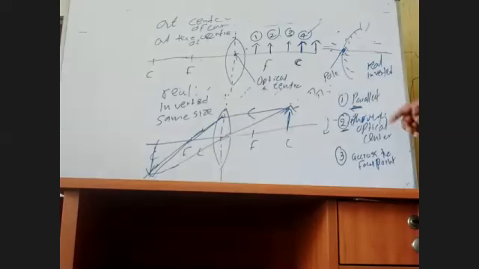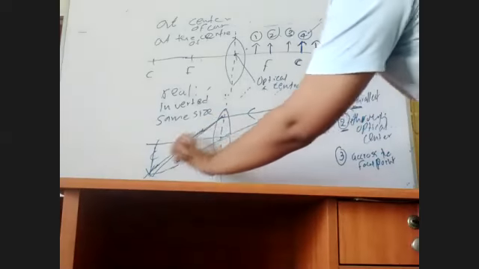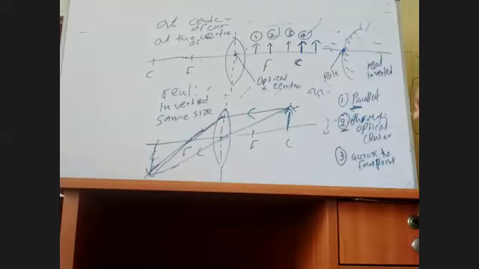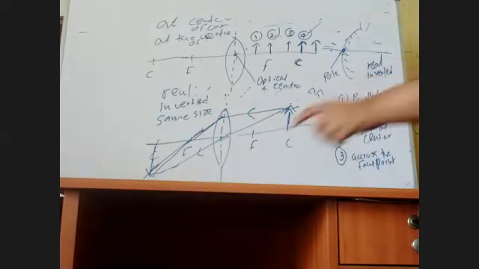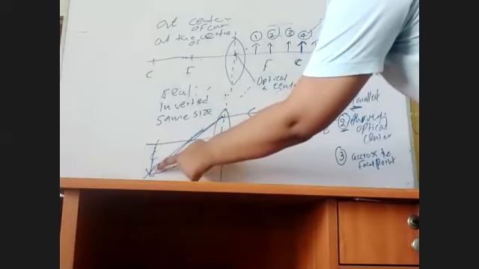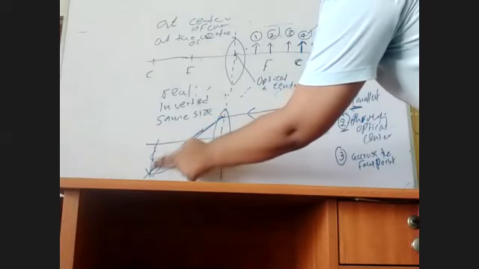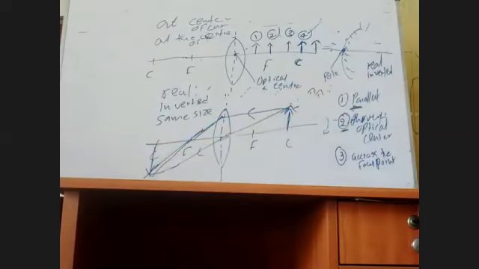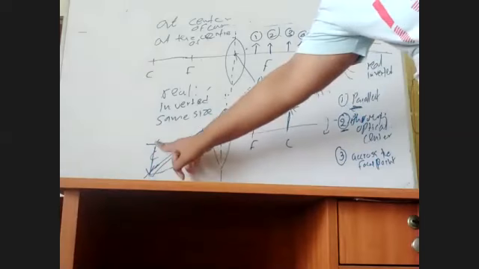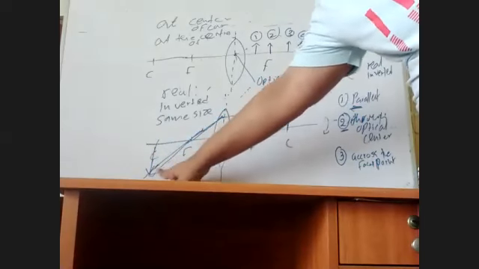So that is the second point. These two rays will meet at some point. Definitely, if you draw your ray diagram to a scale, the image will form at the center of curvature.